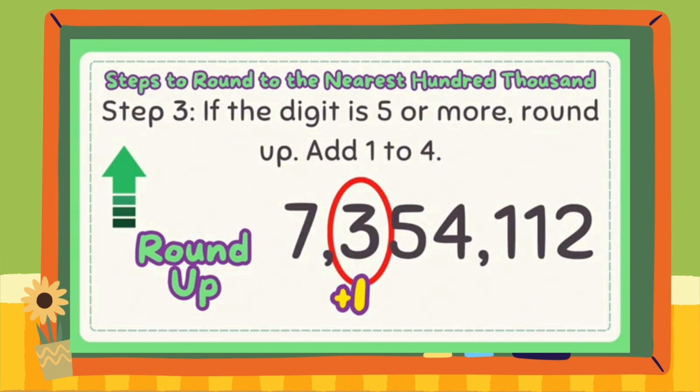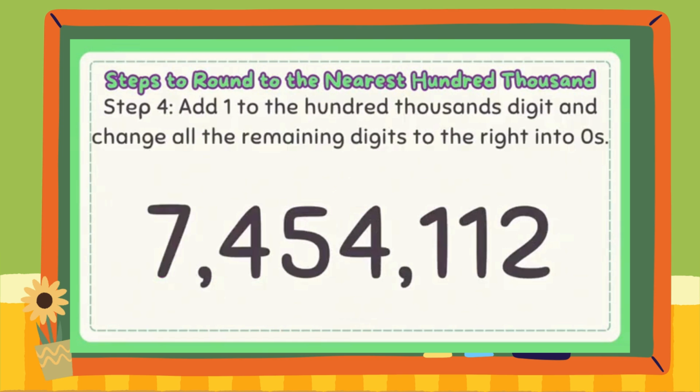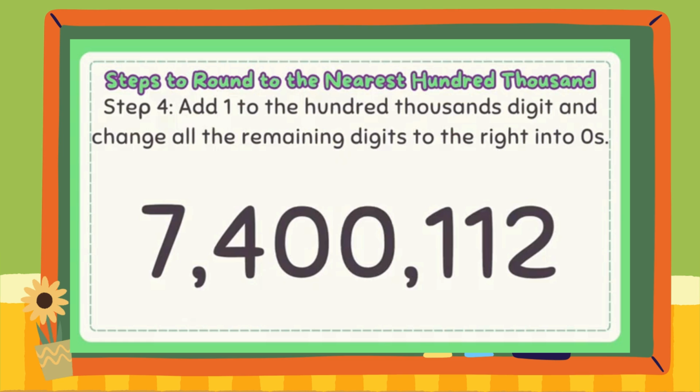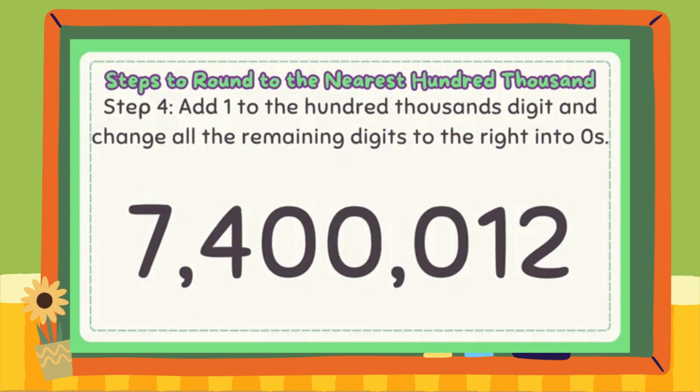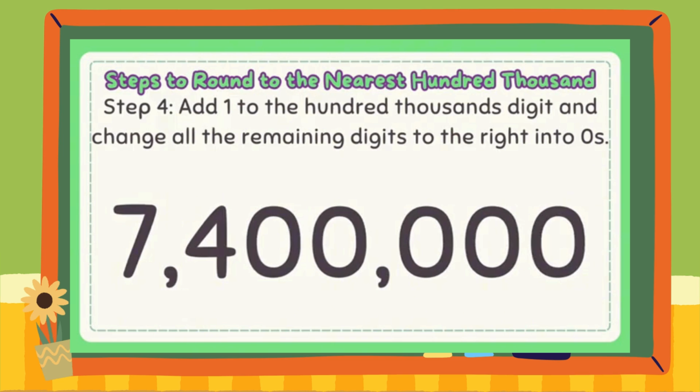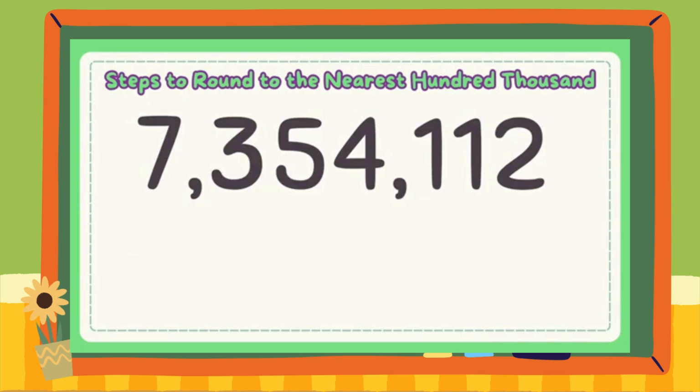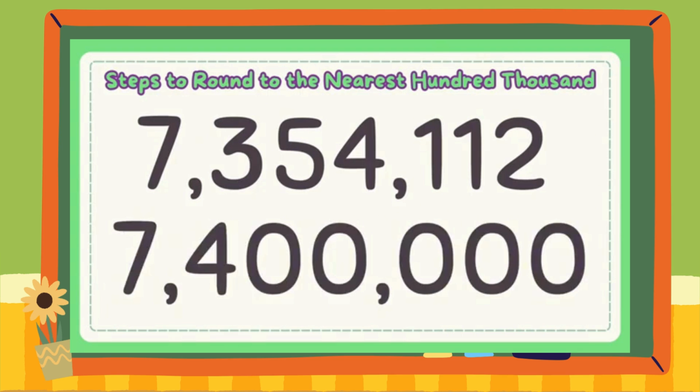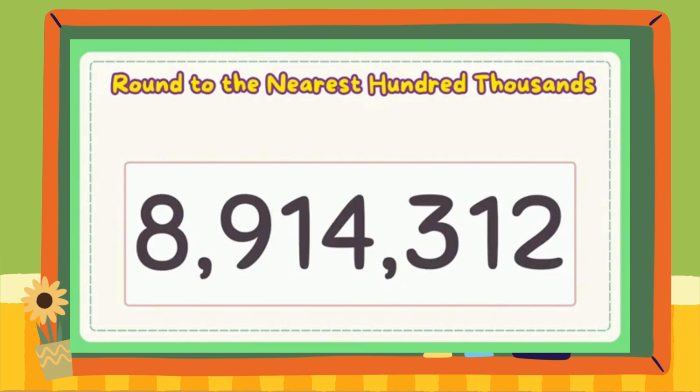So 3 plus 1 equals 4. And we will change all the remaining digits to the right into zeros. We will not change 7 because it is at the left side. This number became 7,400,000.